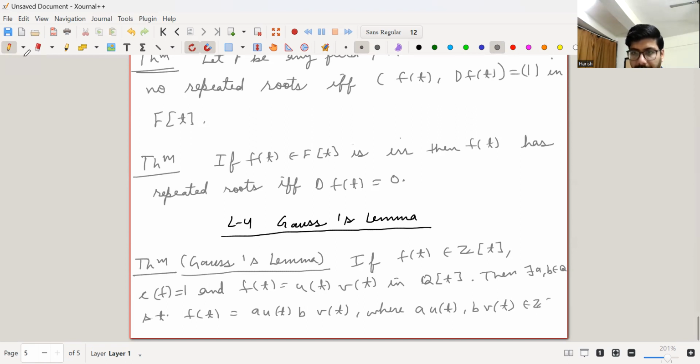So if you can factorize a polynomial in Q[t], then you can also factorize it in Z[t].